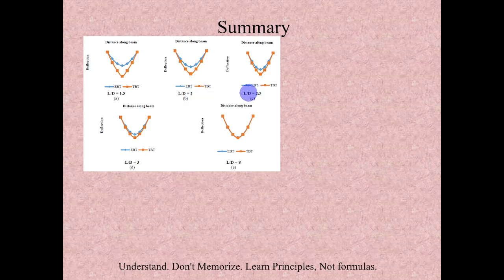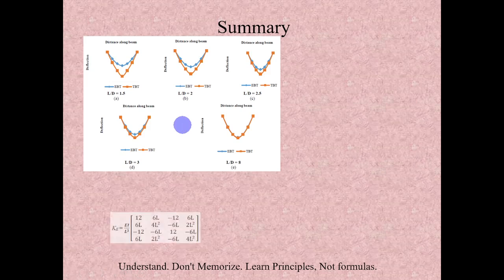Some codes say L by D of 2.5, some say up to 4, is a deep beam. Where there is no difference and the shear component is negligible, these are all shallow beams. This is how we should classify the beam.